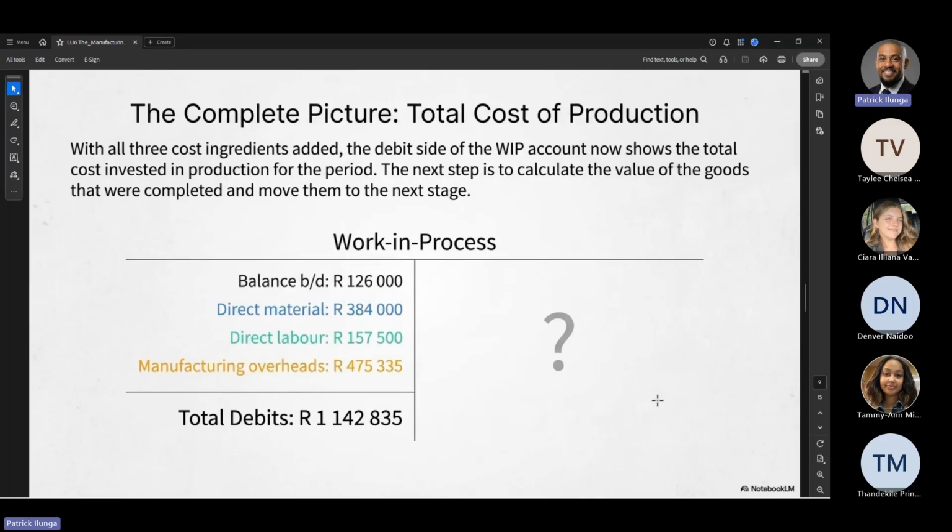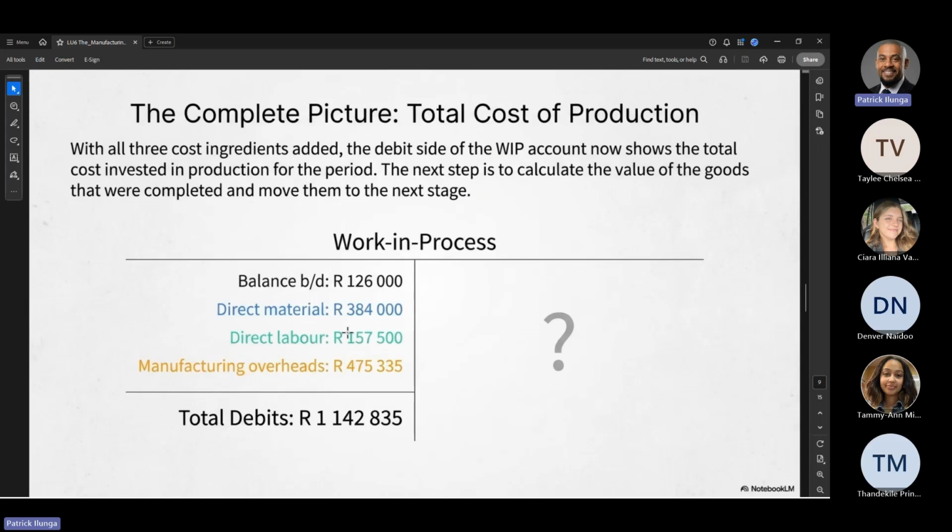With all three ingredients added, the debit side of the work in process account now shows the total cost invested in production for the period. So we can see this is the total that came for the production.